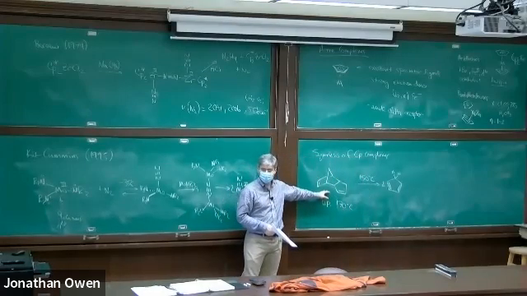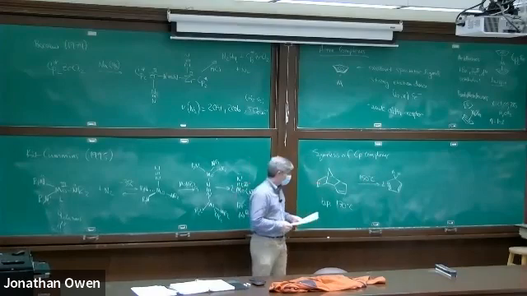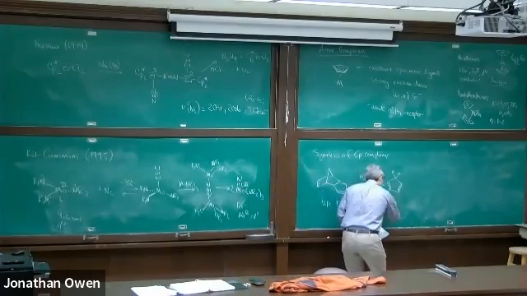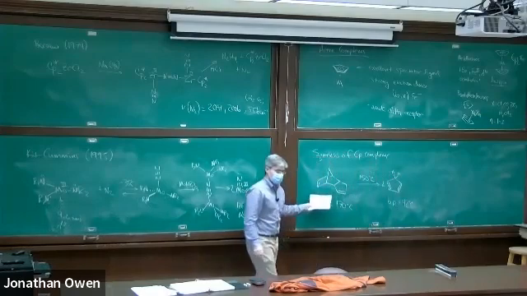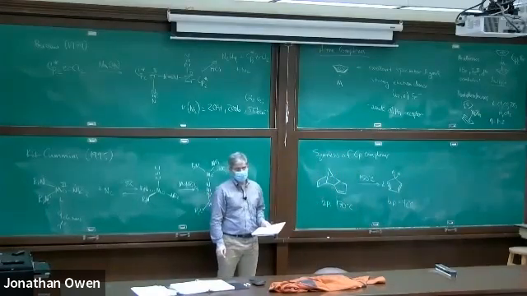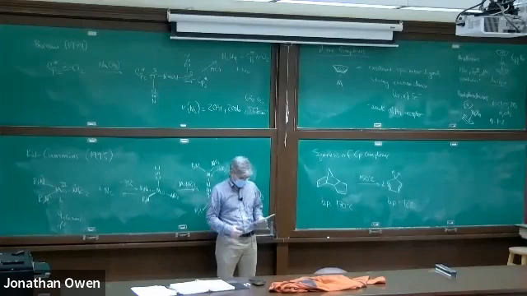It decomposes to make 2 equivalents of cyclopentadiene. This compound has a boiling point of 42. So you just take a pot of this, you heat it up to about 150 degrees, and CP starts boiling out. And then you can collect CP and keep it cold and do chemistry with it.